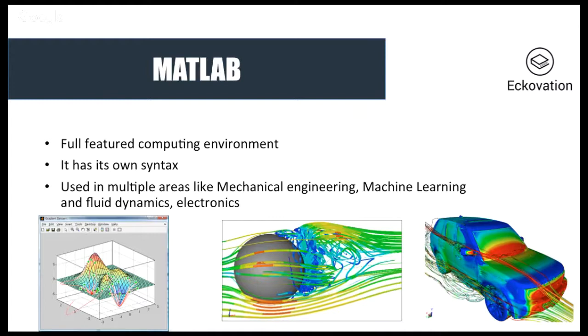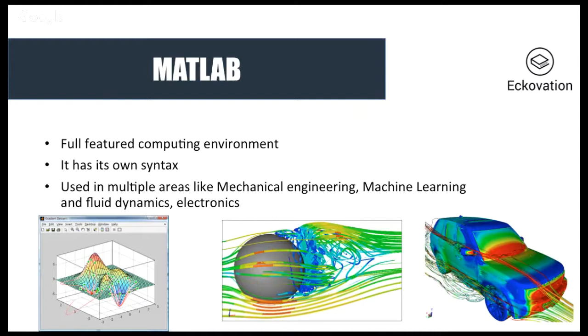On the bottom left-hand side, you can see a gradient descent graph. That is a typical machine learning algorithm that you are using. You can even use it for electronics engineering, so many of your circuit simulations and stuff like that happen in MATLAB as well. So MATLAB is really a tool which you can use in almost all kinds of engineering areas around you.